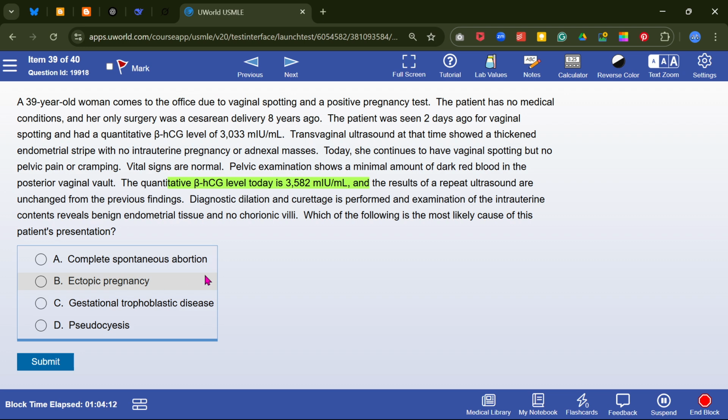Is it ectopic? Beta hCG more than 3,500.